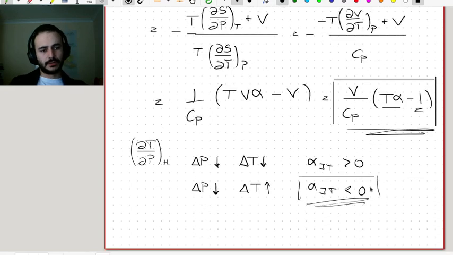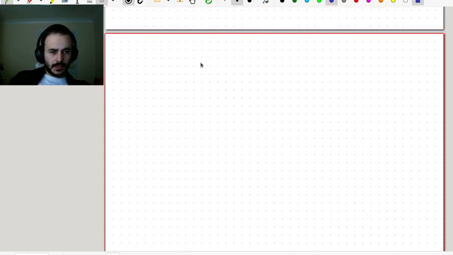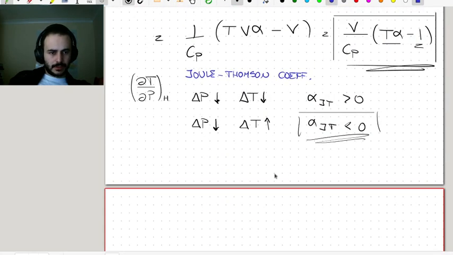As usual, I will write the name of it. That's the Joule-Thomson coefficient. And I have convinced you that the sign of this coefficient is important from the point of view of safety in general, but also of cooling the gas.